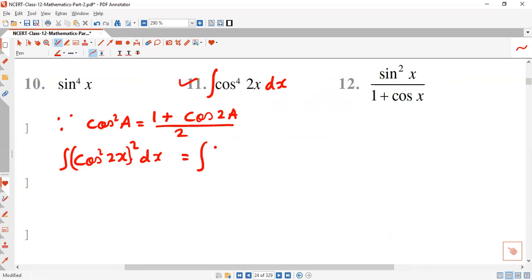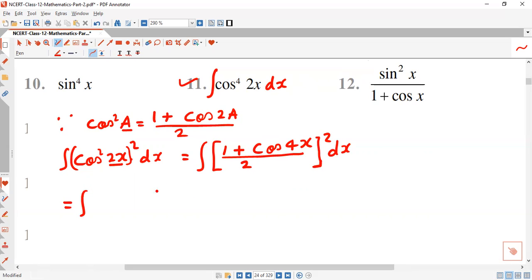Inside, integration 1 plus cos, you see 2x equal to a, so 2a becomes 4x. This becomes cos 4x divided by 2, whole square dx. So this whole square is there. 2 square means 4. We are taking the 4 outside, 1 by 4.